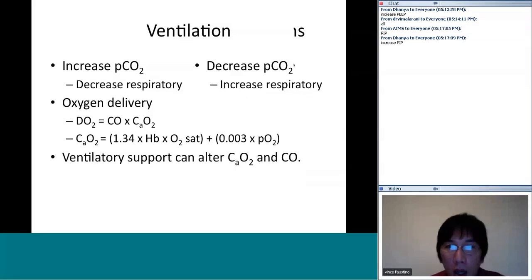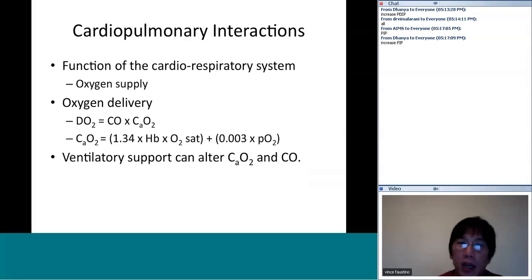Okay, so moving on. Let's talk about cardiopulmonary interactions. Basically, the function of the cardiorespiratory system is to provide oxygen to the rest of the body.